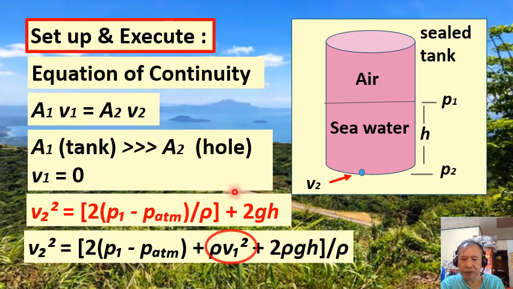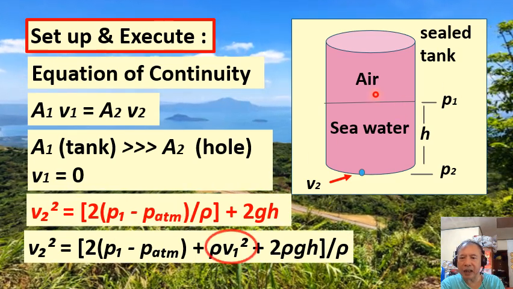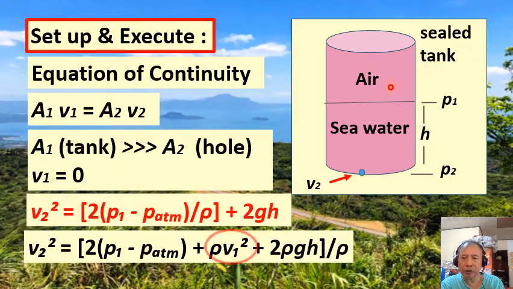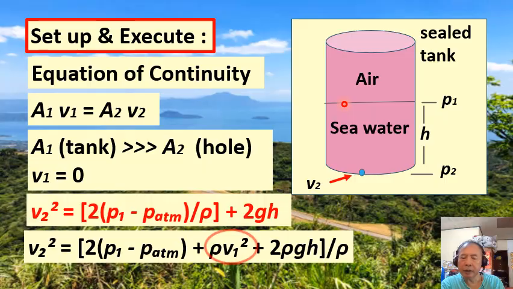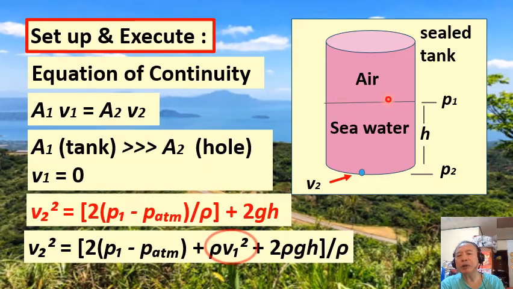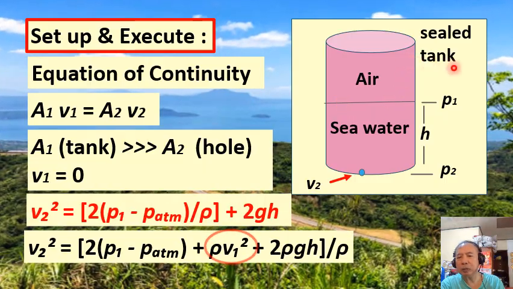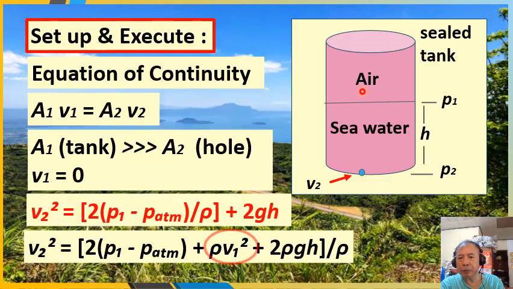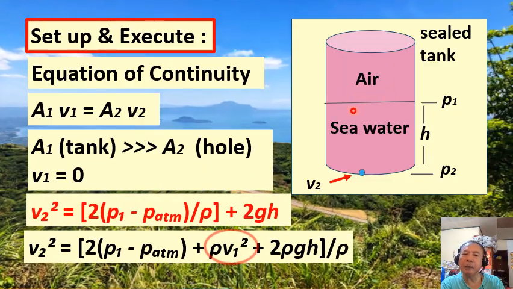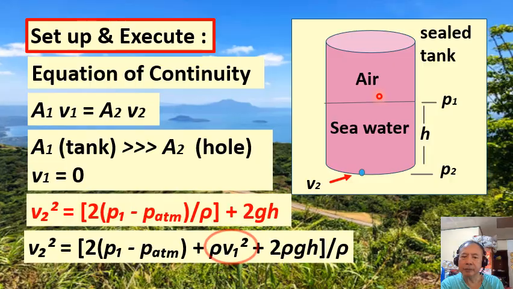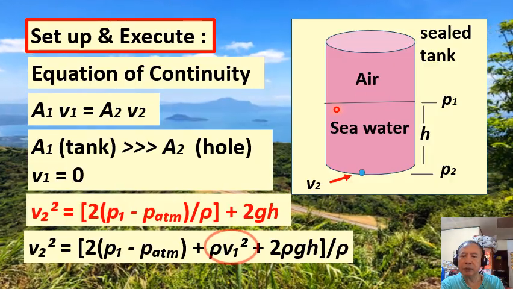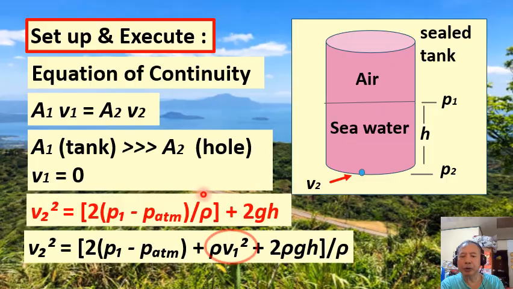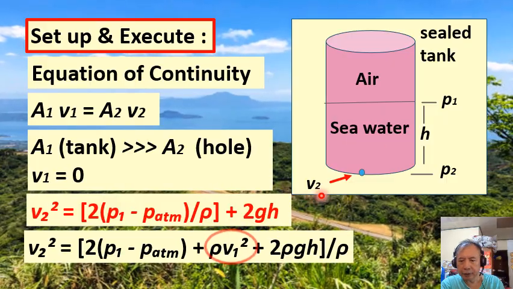The reason is that the tank is sealed. So the surface of the seawater is not exposed to atmospheric pressure, but instead it's only the pressure exerted by the air above it. That represents the pressure P1.